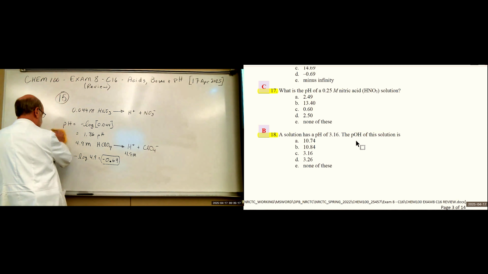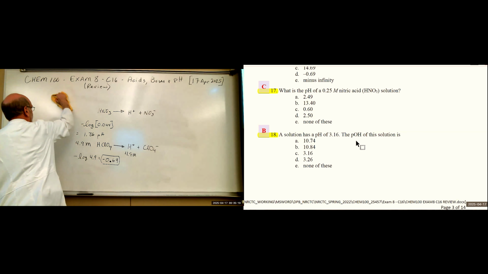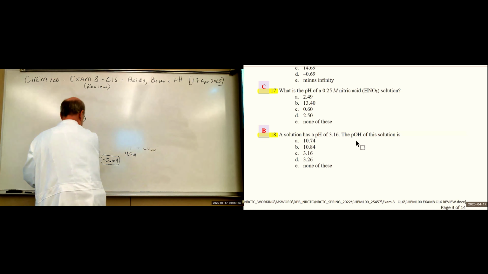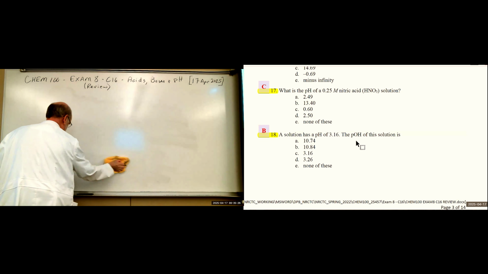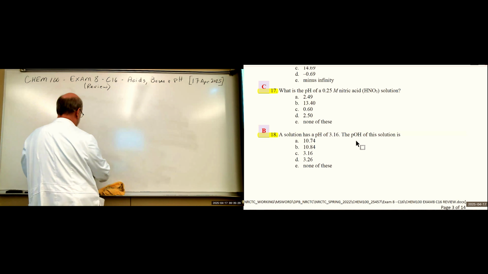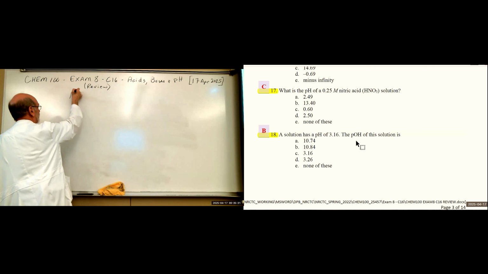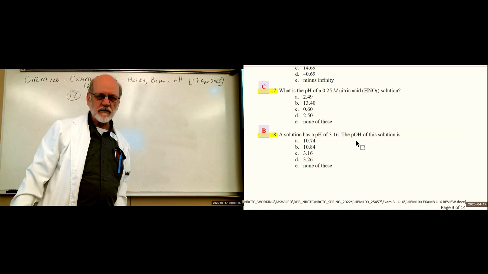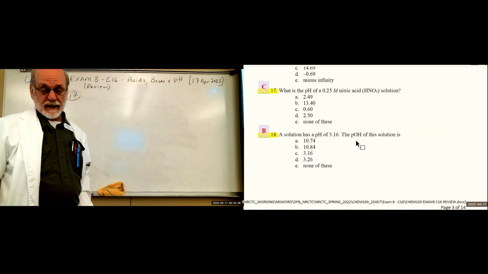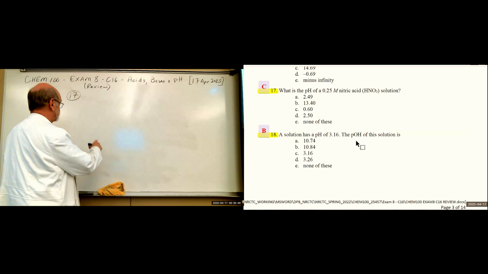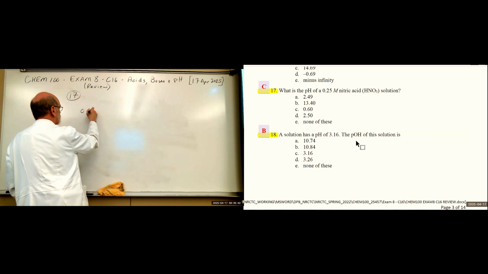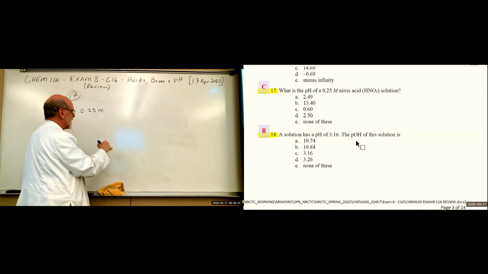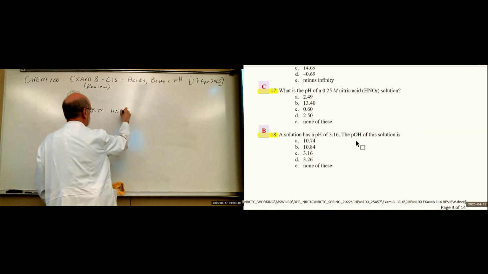All right. Go to 17. What is the pH of a 0.25 molar nitric acid solution? Oh, we're getting a lot of repetition here. 0.25 molar nitric acid, HNO3.